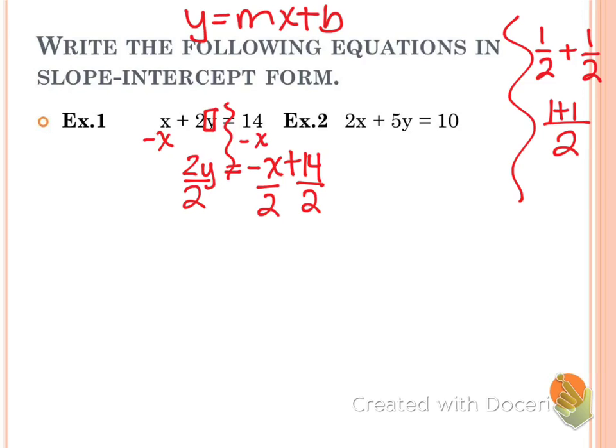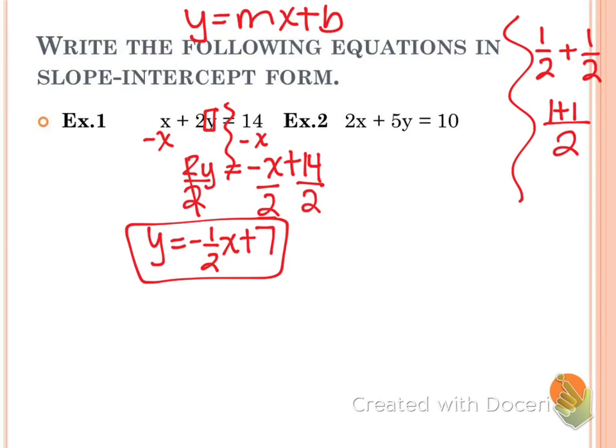All right. Then we just have to clean it up a little bit. So we have y equals, y's by itself now. What number is in front of that x? A negative 1, yes, okay. So I'm going to write this as negative 1/2 x. What's 14 divided by 2? 7.